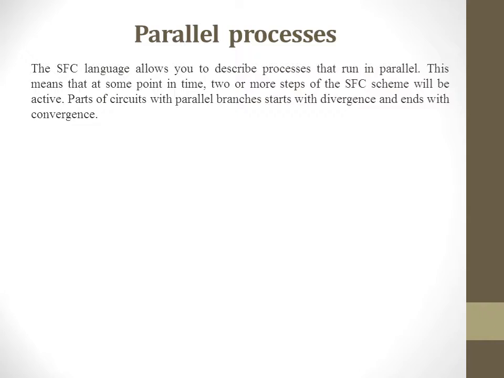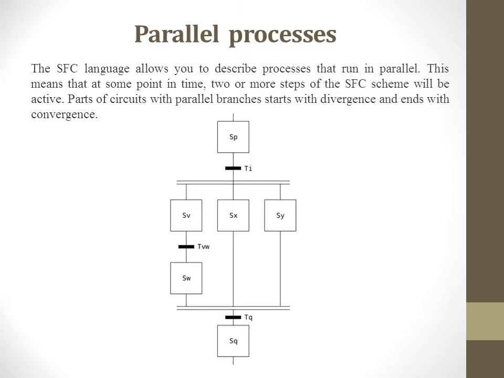Parts of circuits with parallel branches start with divergence and end with convergence. In this picture below, we can see the parallel processes which can be written in a program.